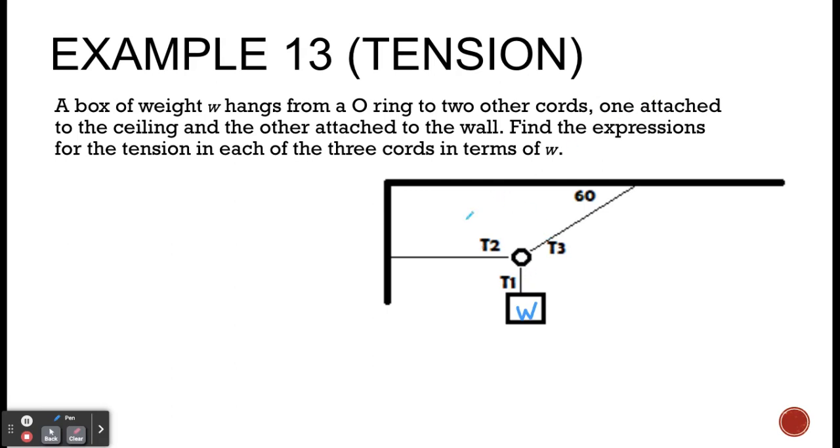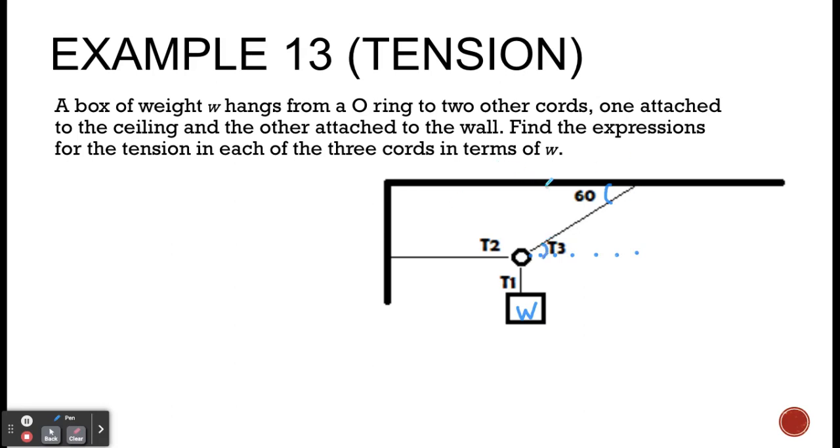Okay, so if it's suspended or hanging from the wall, the acceleration in both the x and the y directions are a big fat 0. We're given the angle between the fixed support and our rope here. What we're actually interested in for our free body diagram is the angle between our rope and the horizontal.